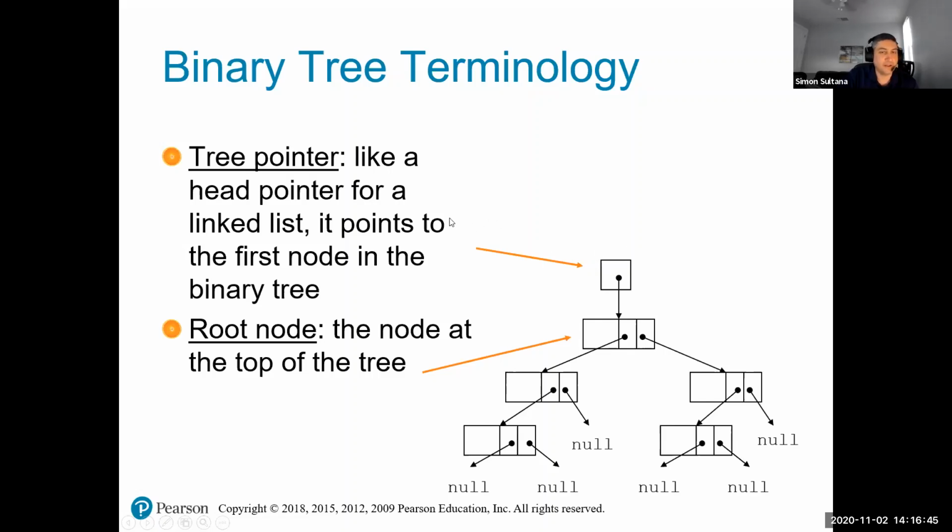Just like a head pointer in a linked list, it points to our first node in the binary tree. And we have a root node at the top of the tree. That's the actual top of the tree, so this is an actual node. This tree pointer is not a node in itself, but it's pointing to the first node, our root node.